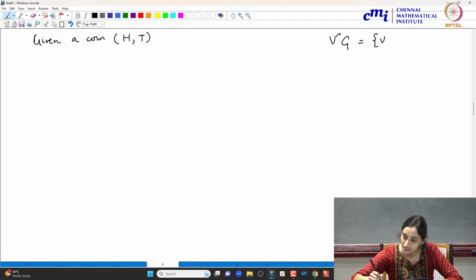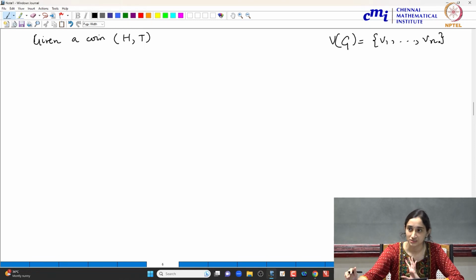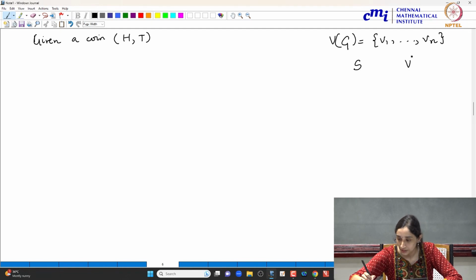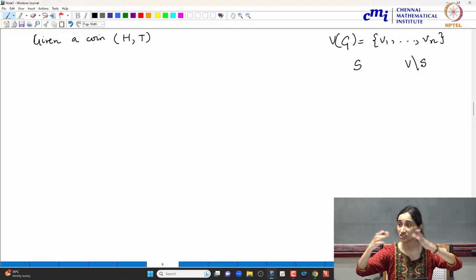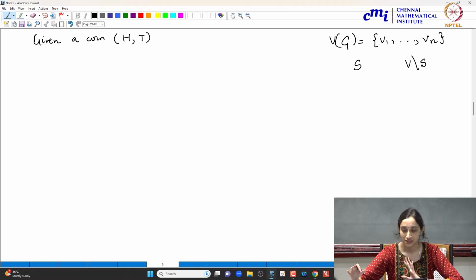Let's say the vertex set of G is V1 to Vn. And you have to produce a set S and its complement. It's a partition of the vertex set. So one is S, the other is everything else, V minus S. Is there something that you can do? And what's the first thing you would try?